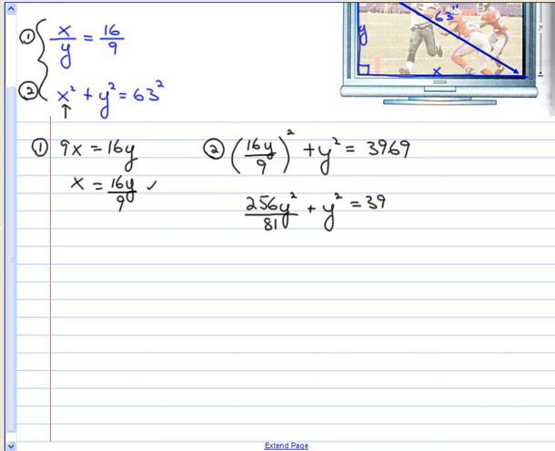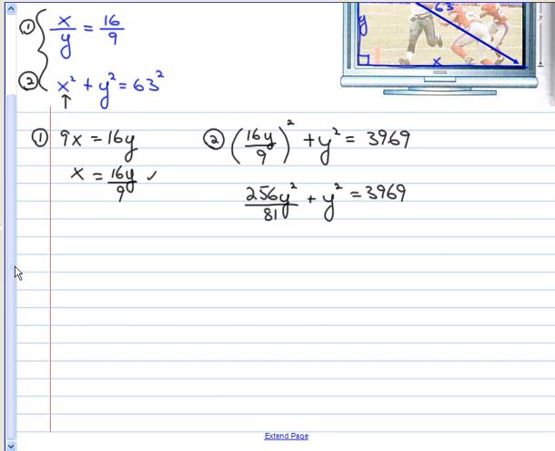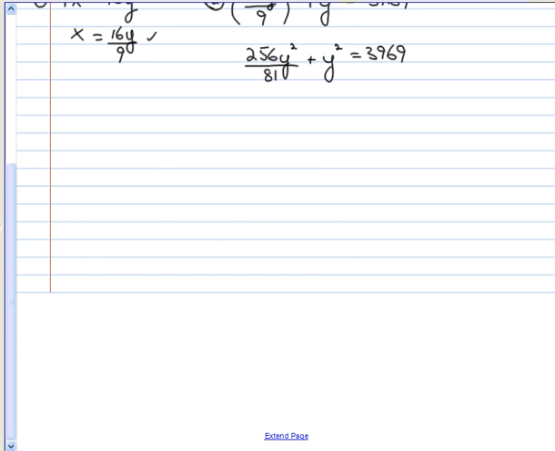Now combine like terms. I have two y squared terms. I need to add 256 over 81 plus 1. If you get a common denominator and add those together, you can use your calculator. You would get 337 over 81 y squared equals 3969.